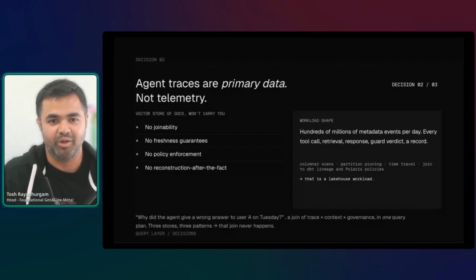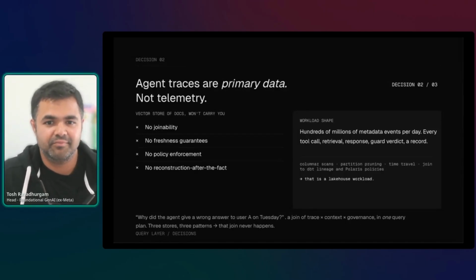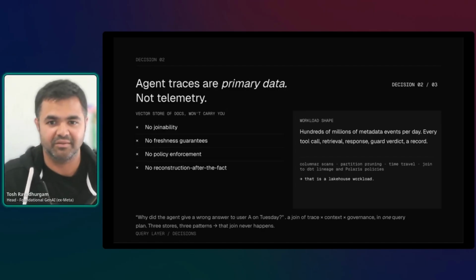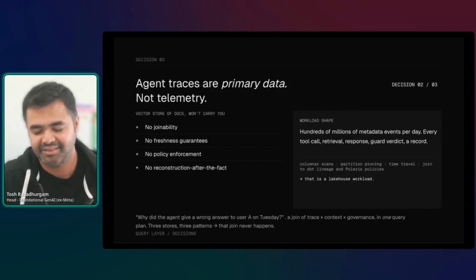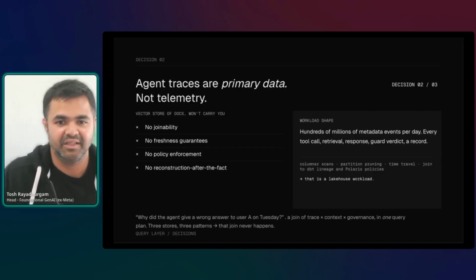We want to make agent traces primary data and not telemetry. The natural instinct, when an agent is answering a question and needs a bunch of context, schema, freshness, all of that, is a library.